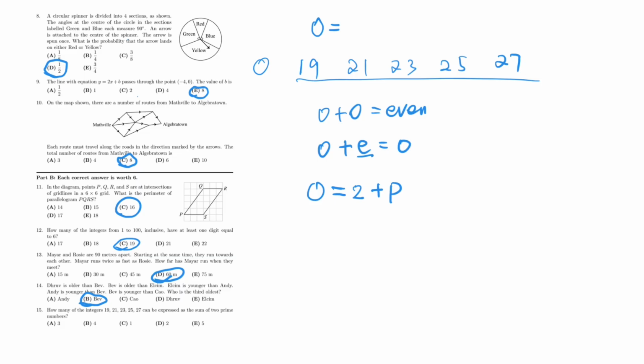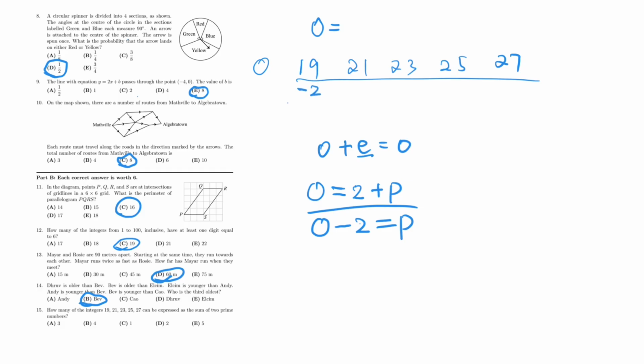To calculate easily, we just use the odd minus 2. If it is a prime number, then that's our answer.